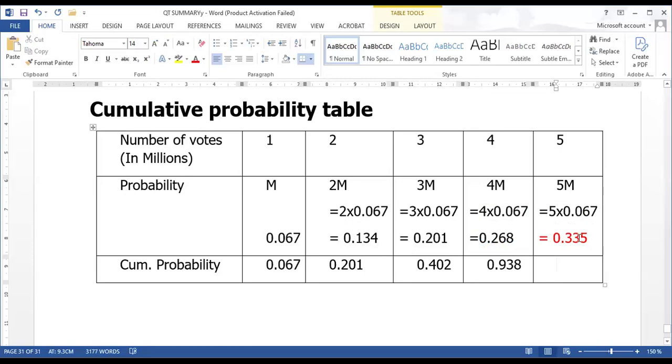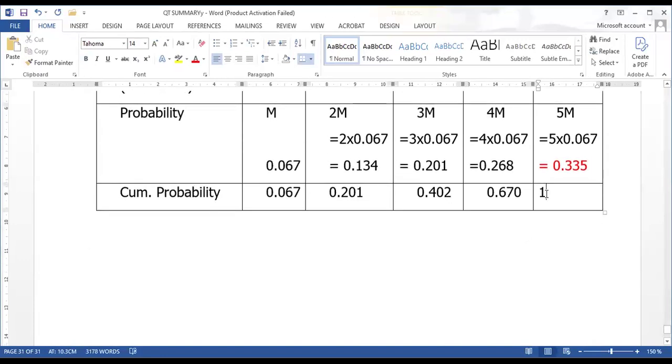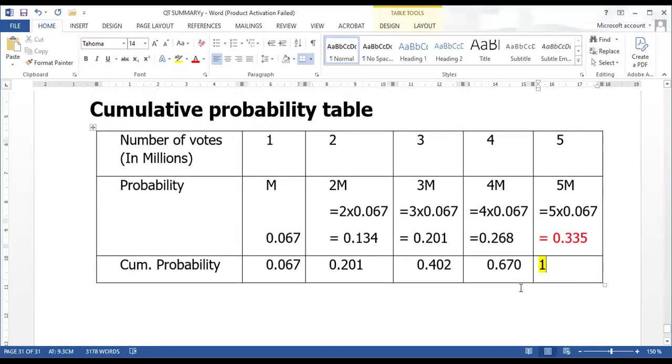Then finally add the other one. It's 0.67. 0.67 only. Okay, then add this. 1. Okay. At the end, 1.005. Even if you put 1. At the end here, we should be having something like 1 at the end. Okay?